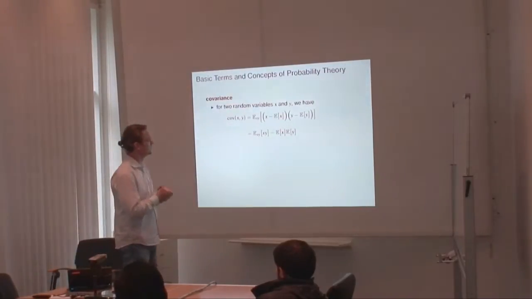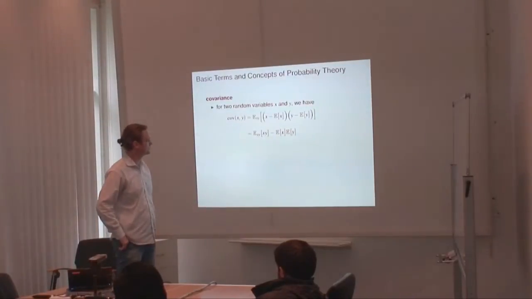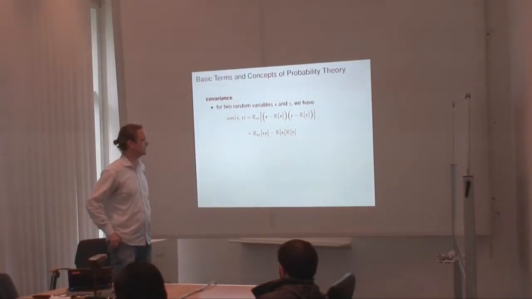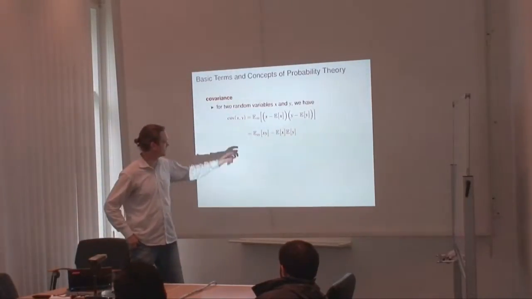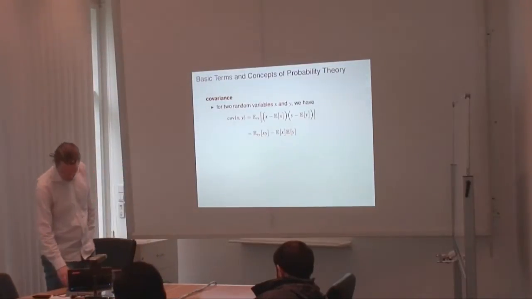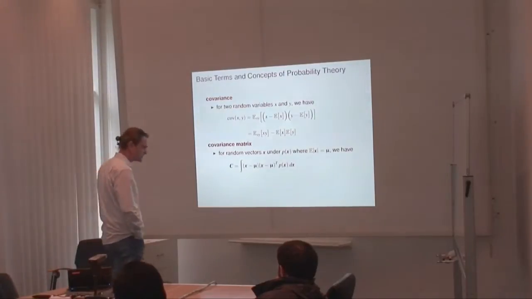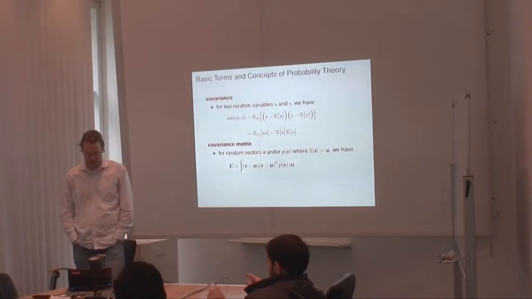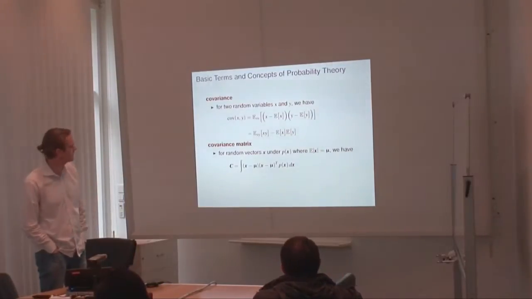These questions can be answered by looking into the covariance of these two variables, which is defined like that. And again, if we expand this product, we can also write it like this. And covariance will be an important concept for us throughout this semester. I will begin seeing that today.